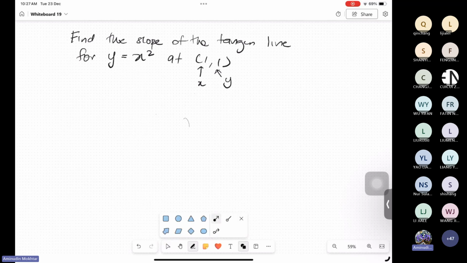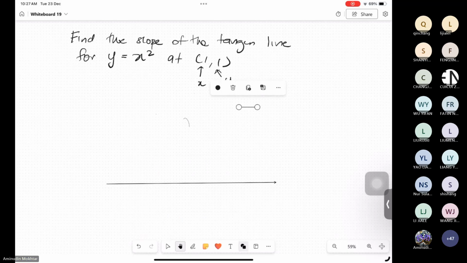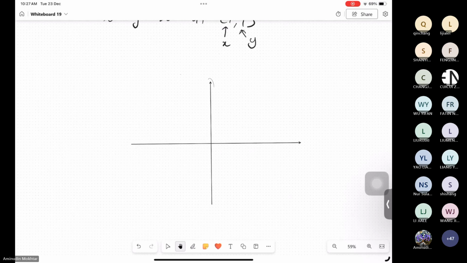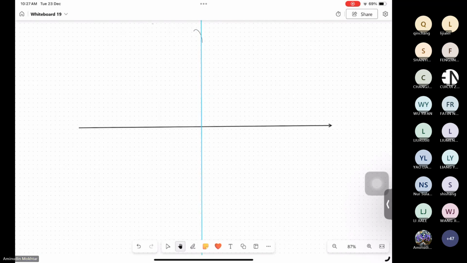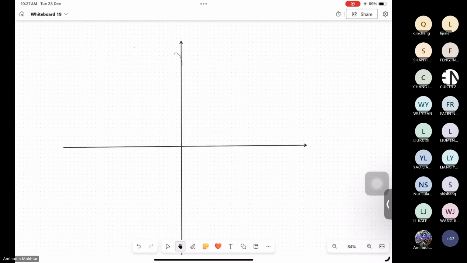I will show you the graph. Let's say I have this function. That's how to draw the graph. The horizontal line is for x, the vertical is y.